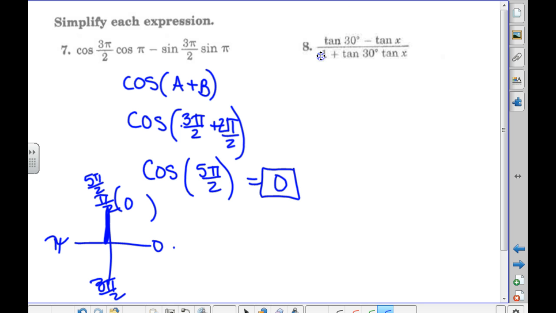All right, this one does not simplify like that because it has an x in it. All right, do you see one on your sheet that says tan minus tan over 1 plus tan times tan? Tan, is it a plus b or a minus b?